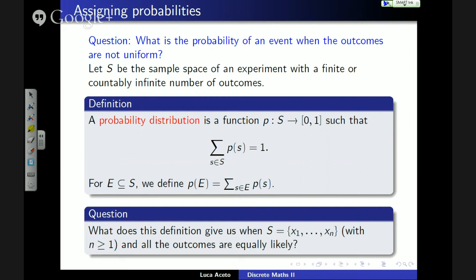In this course, we are going to look at sets of outcomes which are either finite or countably infinite, as many as the natural numbers. That's also a departure from what you've seen before. So far, everything was equiprobable and finite. The definition that we are going to see now also works when the set of outcomes is, for instance, the collection of natural numbers.